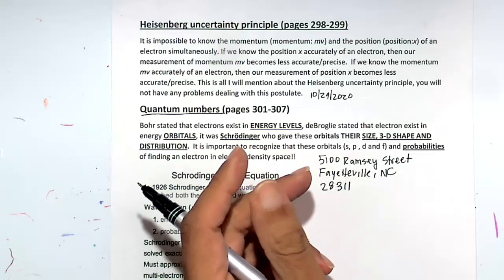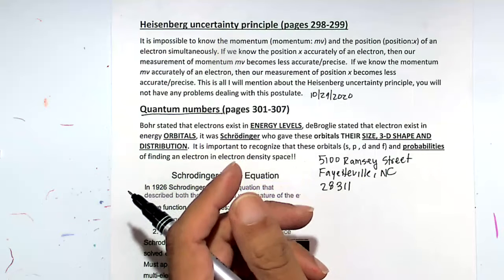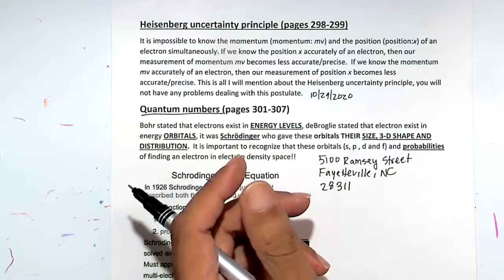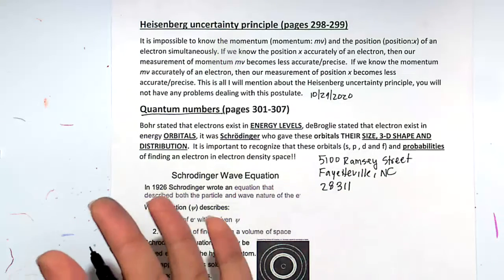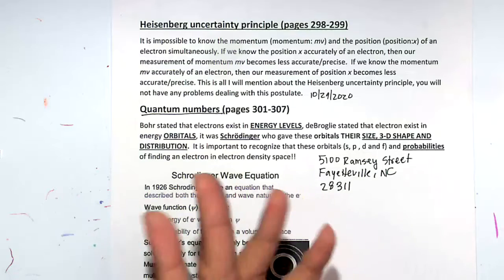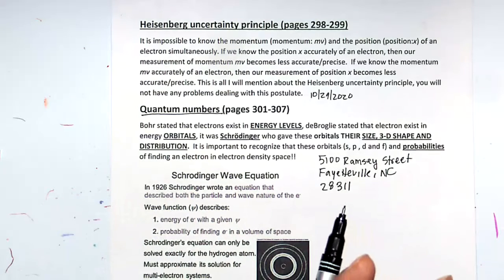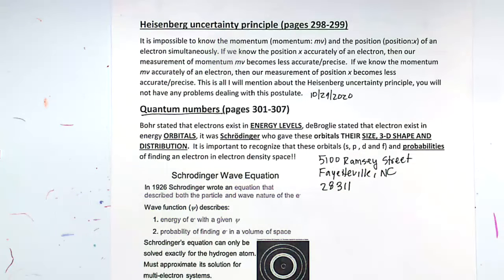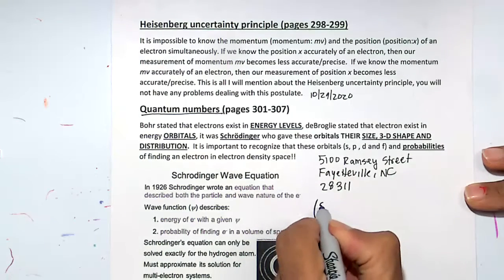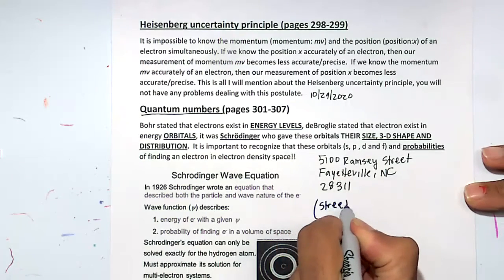So let me ask you, Elena, can you summarize this address using 4 terms, 4 items, or 4 categories, such that if you give me those 4 items, I can get the address? What will you call that? Street, okay. Give me 3 more.